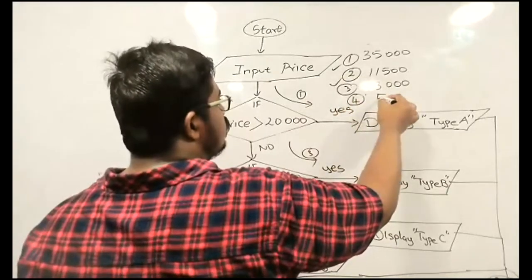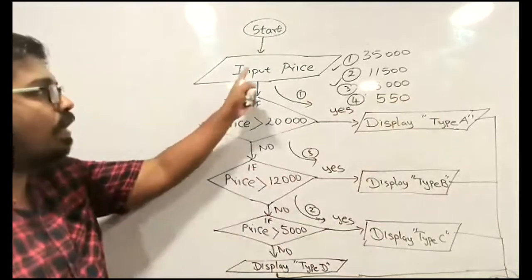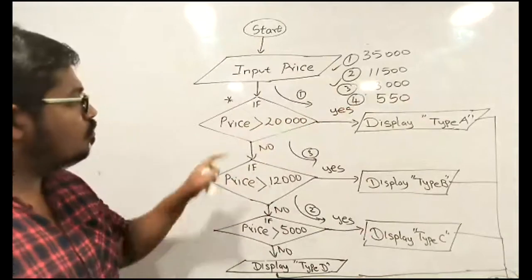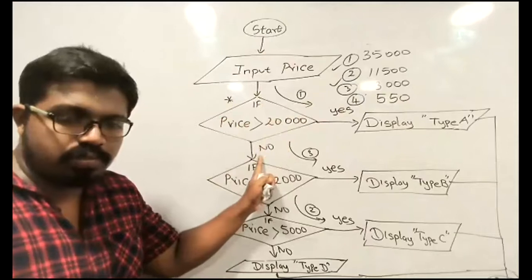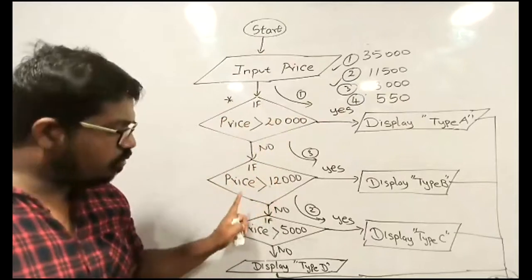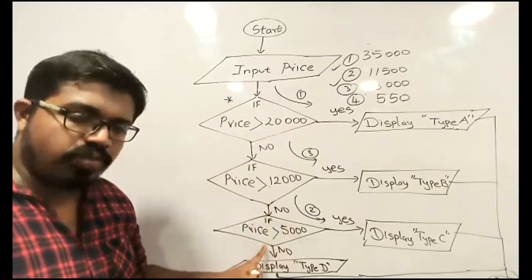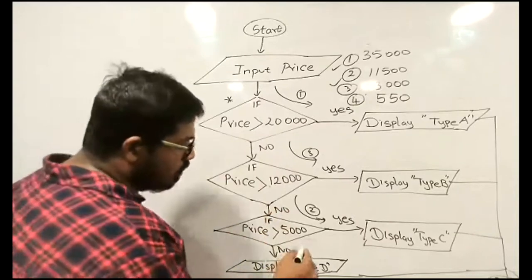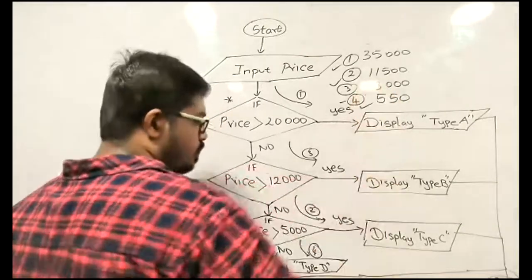My data is 550. You provide the value as 550. 550 greater than 20,000, which is false. 550 greater than 12,000, that is also false. 550 greater than 5,000, that is also false. Display type D. So this is your fourth data's output.